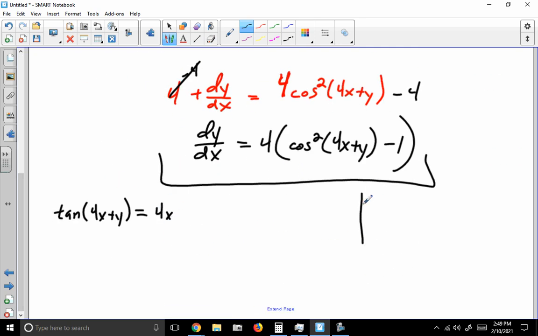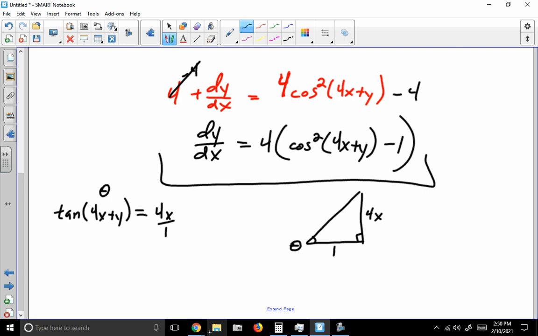So if we think of a triangle, I'm just going to use theta to represent that angle so we don't have to write that whole thing. So if our angle is theta, then from that angle, tangent is opposite over adjacent. So from this angle, that side will be 4x, that side will be 1.